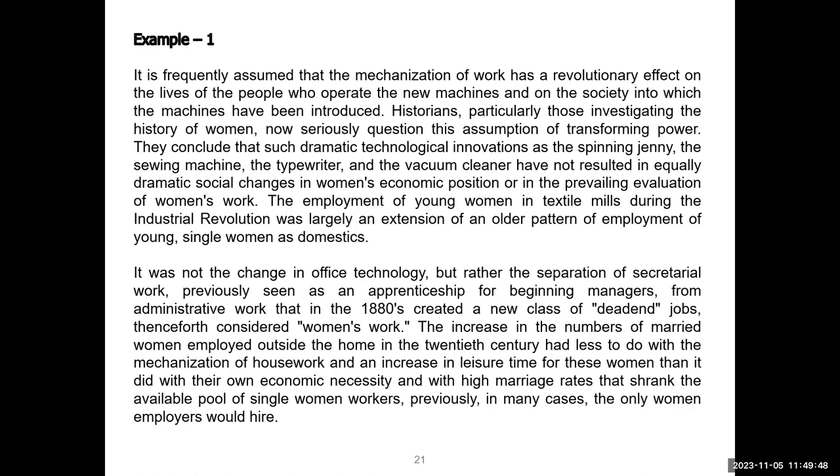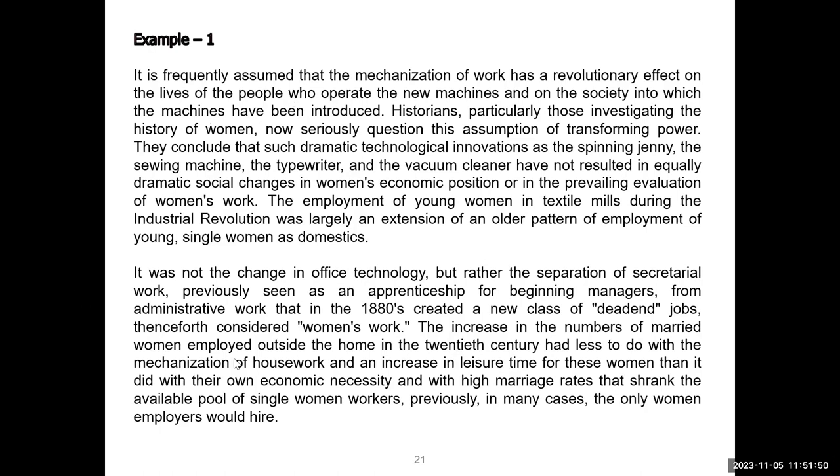The increase in the numbers of married women employed outside the home in the 20th century had less to do with the mechanization of housework and an increase in leisure time for these women than it did with their own economic necessity and with high marriage rates that shrank the available pool of single women workers. Previously, in many cases, the only women employers would hire.